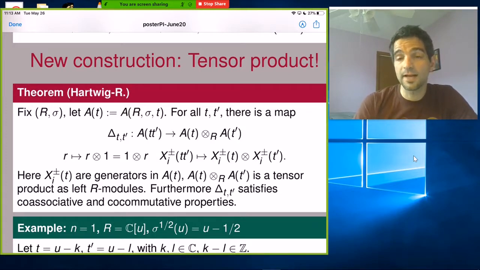Okay, so for example, we can start with two modules for the Weyl algebra, and we naturally get a structure of a USL2 module on the tensor product.